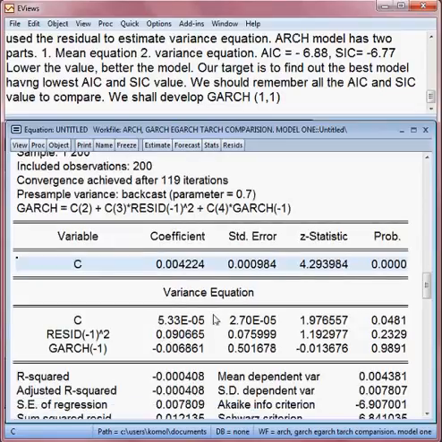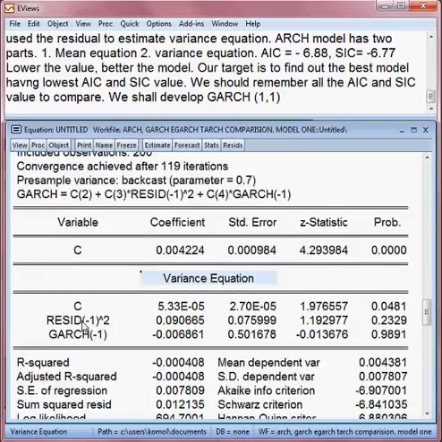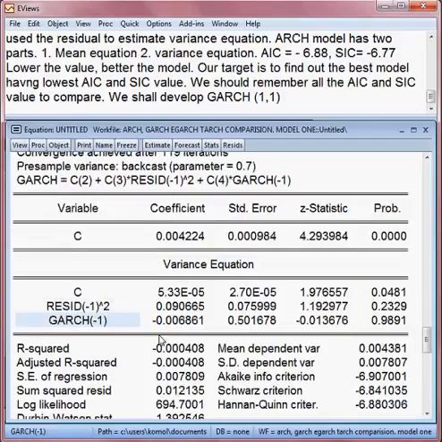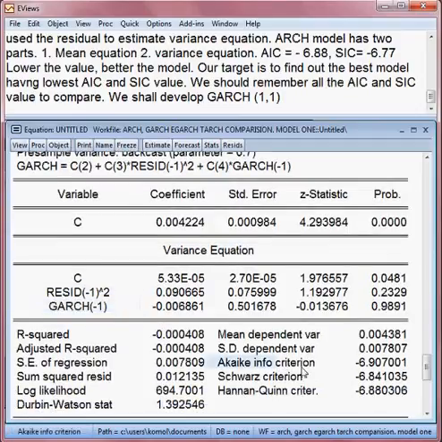Then you can see our variance model, which is ARCH 1 and GARCH 1. Then what is the value of AIC? We have the two things, AIC and SIC.